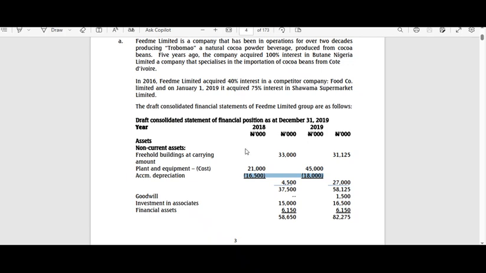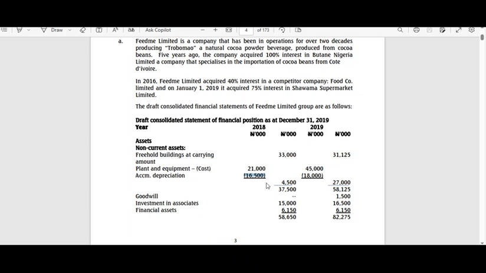Okay, I can see something here now. If you look at the depreciation for plant and equipment, depreciation for 2018 was 16.5, 3.5 million.